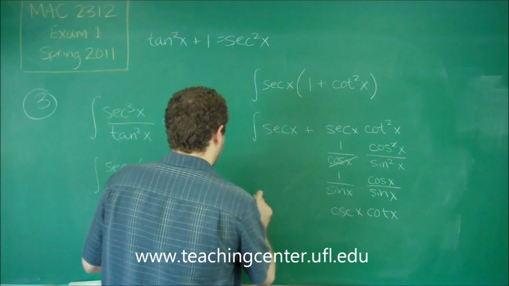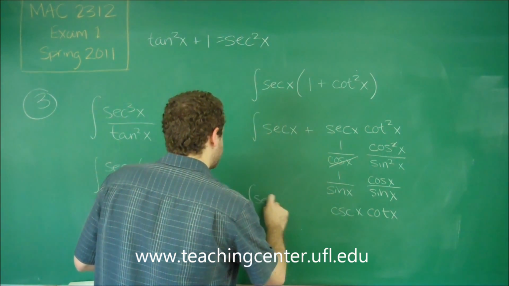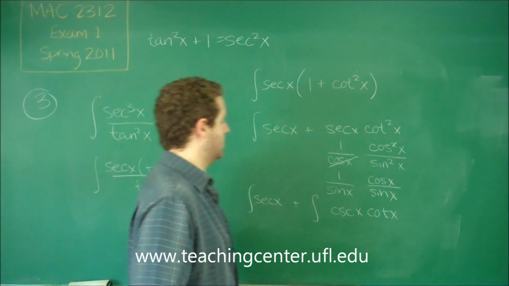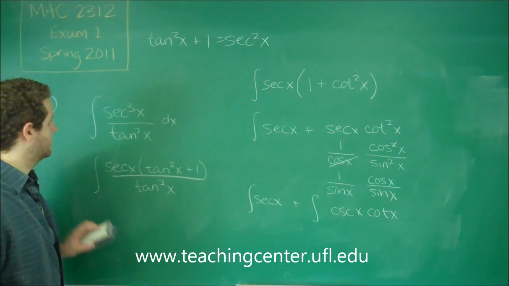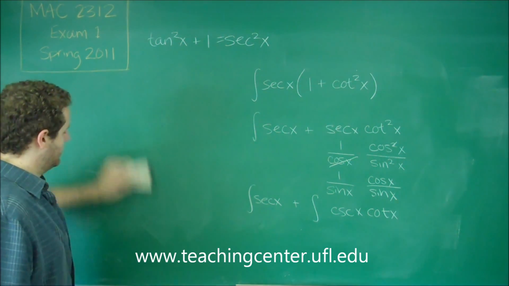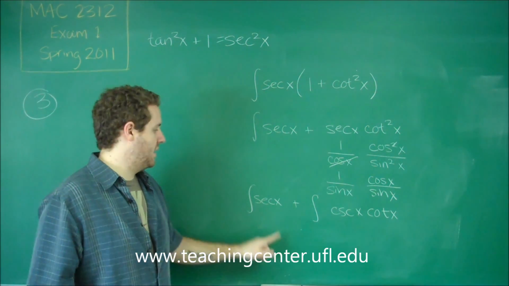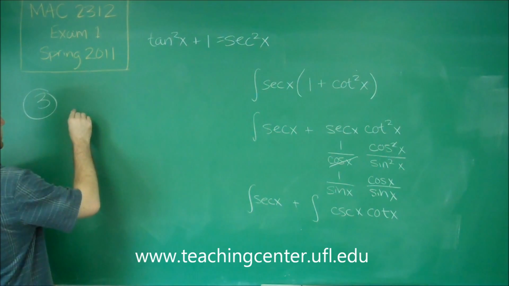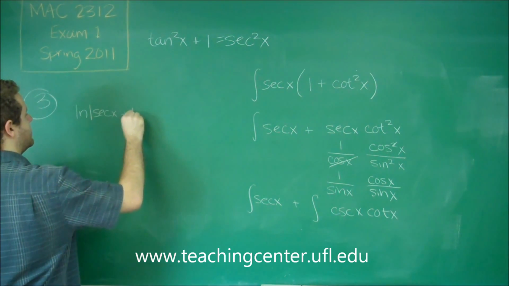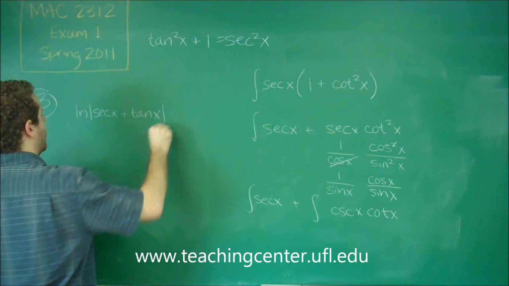So finally, our problem becomes the integral of secant x plus the integral of cosecant x cotangent x. So now this is something we can definitely evaluate. The integral of secant x is ln of secant x plus tangent x. Again, that's one you should certainly have memorized.